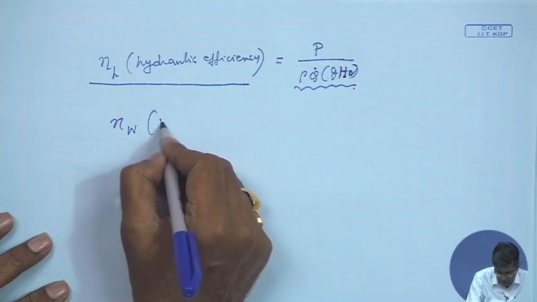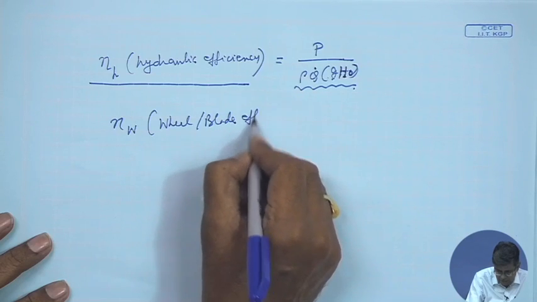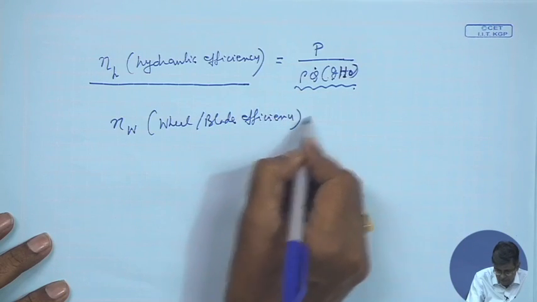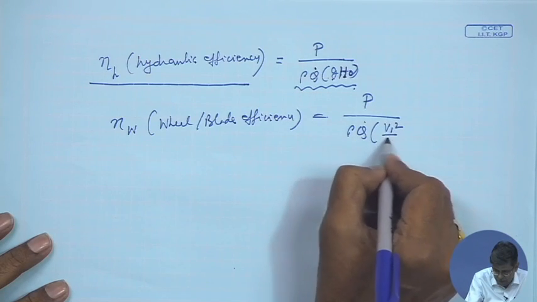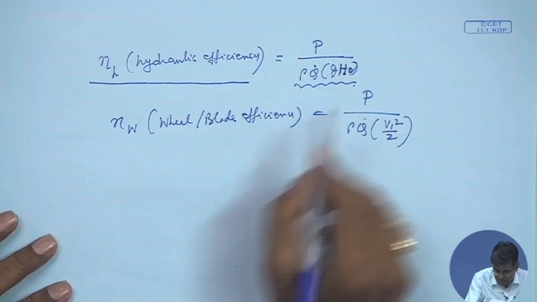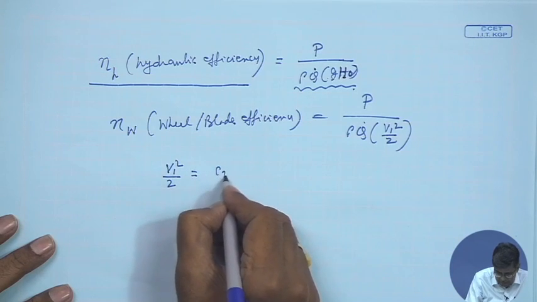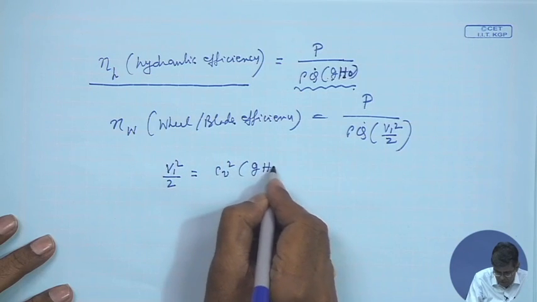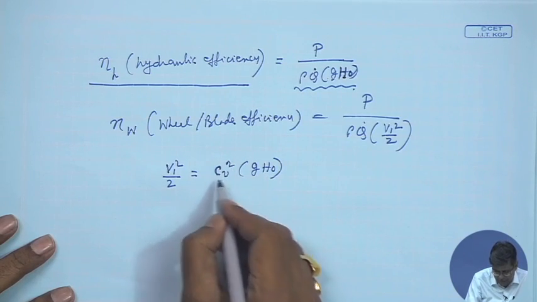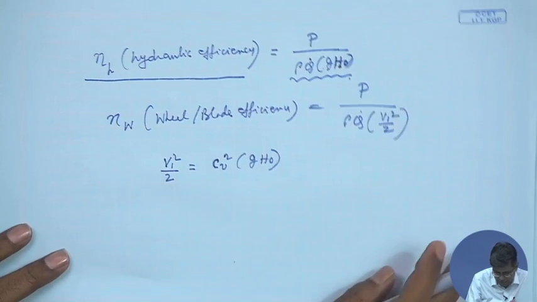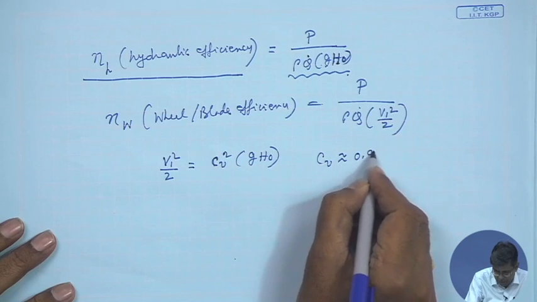This is the definition of wheel or blade efficiency: P by rho Q dot V1 square by 2, and V1 square by 2 and GH0 are related like this. V1 square by 2 is Cv square GH0, which is derived by using Bernoulli's theorem with this simple modification by multiplying with a factor which takes care of the friction, that is the viscous effect of the fluid, and the Cv value is approximately 0.97.